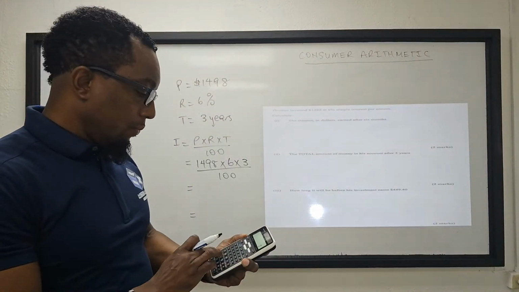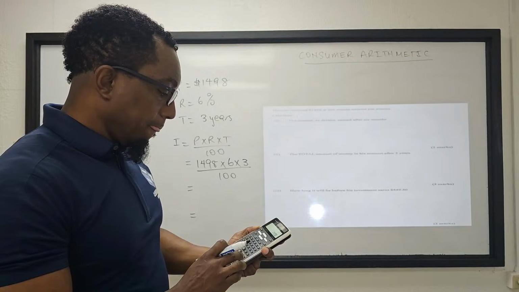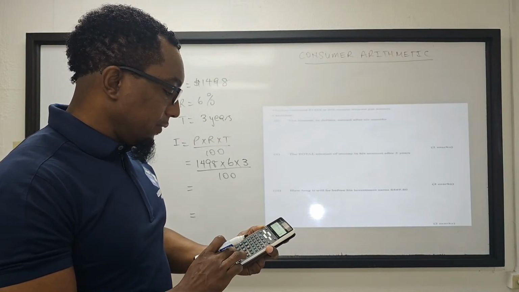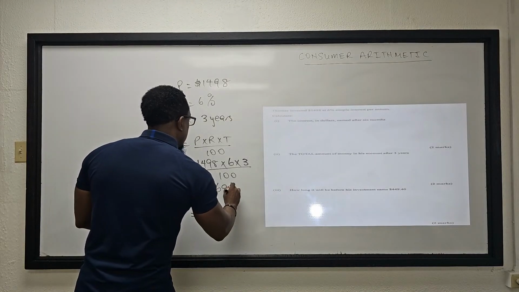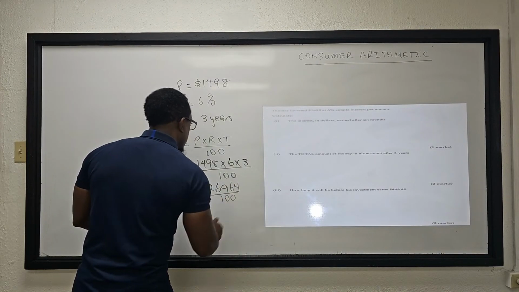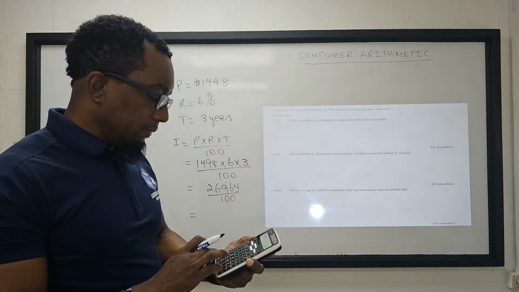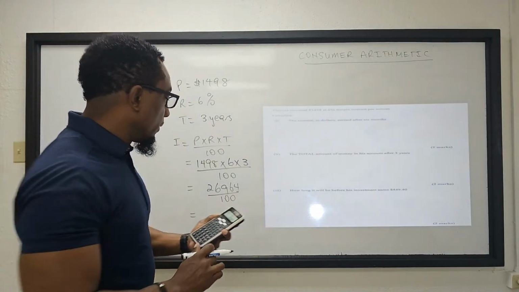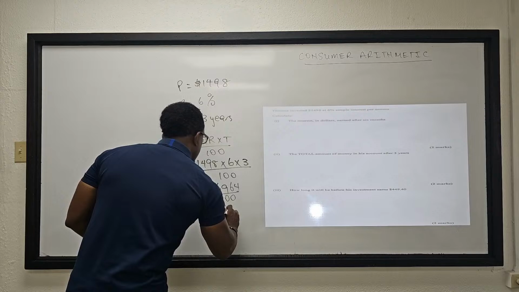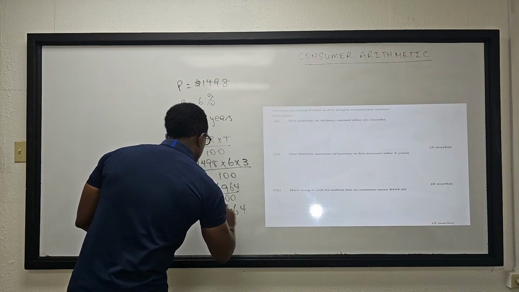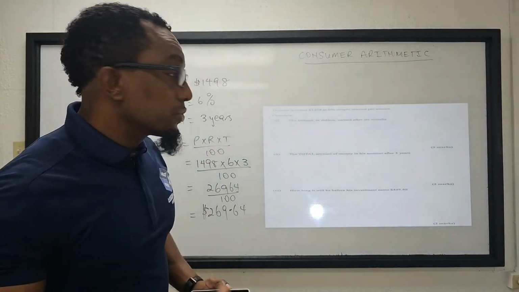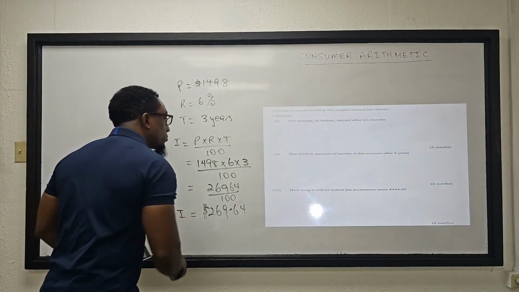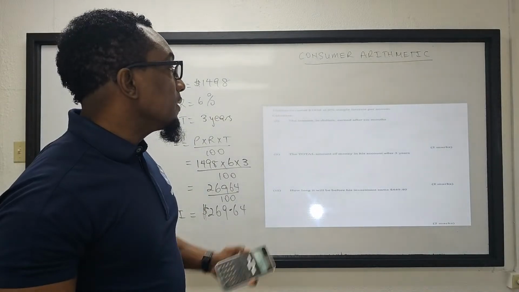This will be 1,498 times 6 times 3, which is 26,964 divided by 100, which will give us $269.64. That's the interest, but they asked us to calculate the total amount.